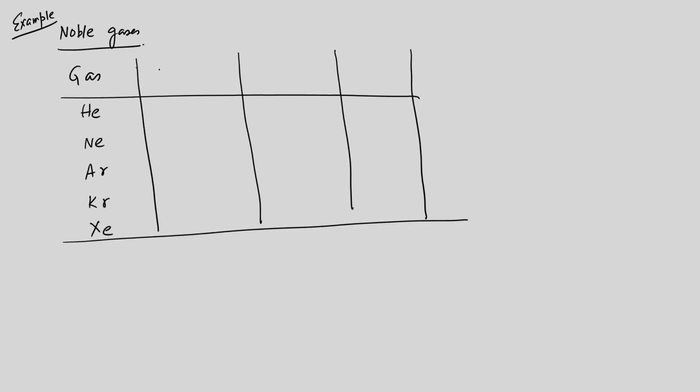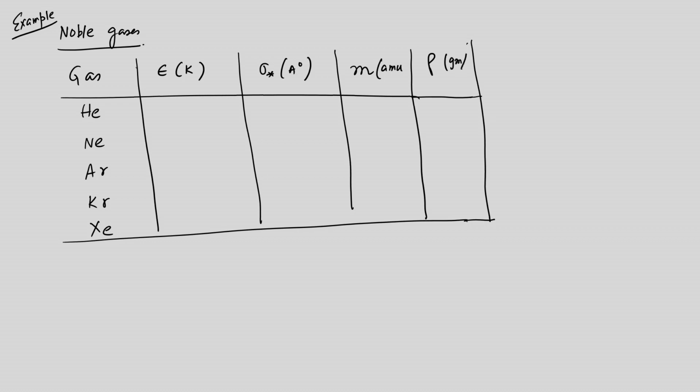This is epsilon in Kelvin, this is sigma star in angstrom, this is mass, not in grams but in amu, and finally the density, which is in gram per cc.